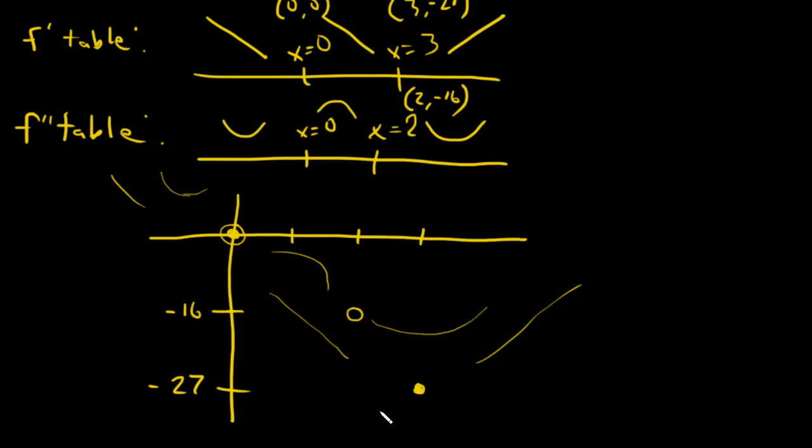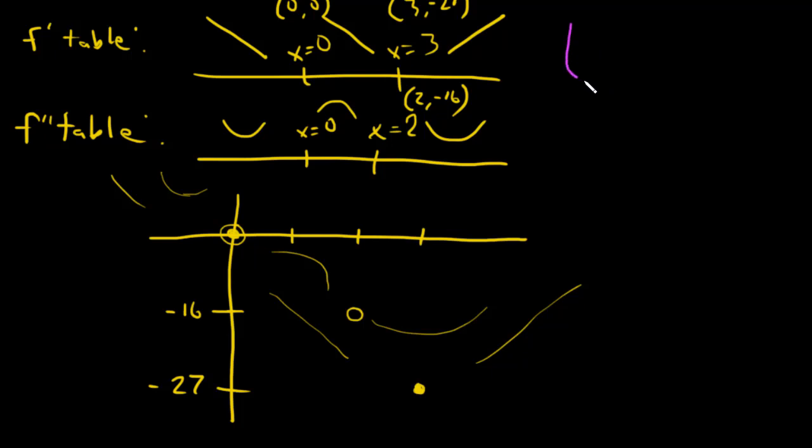Okay, now let's sketch the actual graph, and I'm going to use purple. So here's what this has to look like. The only way I get an inflection point and a critical number at the same location is to have a horizontal slope in which the concavity changes. So the only way I get that is if I get something that looks like these two situations.